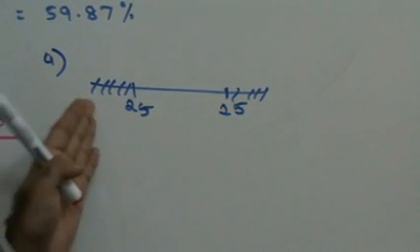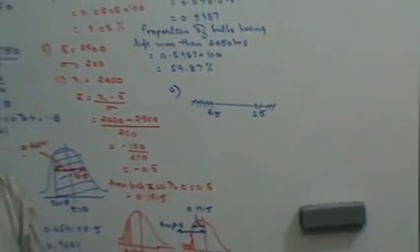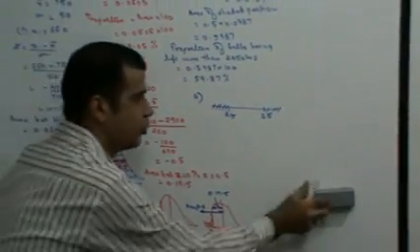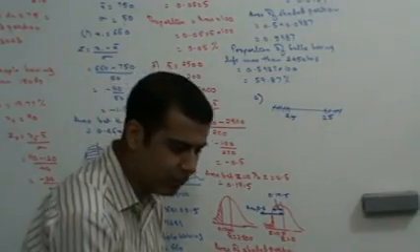That means I need the data that eliminates the first 25% and last 25%. The data that does it, statistically we call that data as quartile. I need the first quartile and the third quartile. So now we are going to apply quartiles to normal distribution. When they say middle 50%, then you have to apply quartiles.